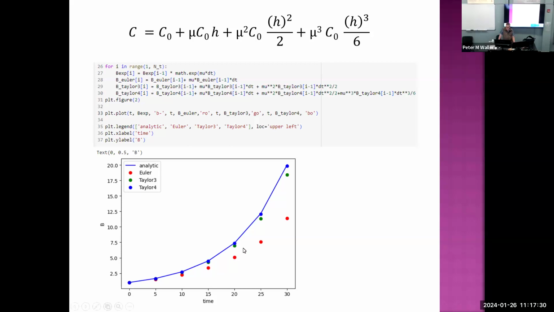But when the time steps get bigger, the Euler method becomes less accurate. And then you can see that the 3-term Taylor series is almost like the analytic solution, which is the blue line. But the 4-term Taylor series, even with these big time steps, is almost perfect. Okay, so you can see that with higher order Taylor series, you have higher accuracy.